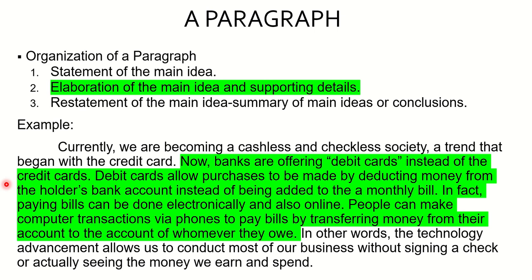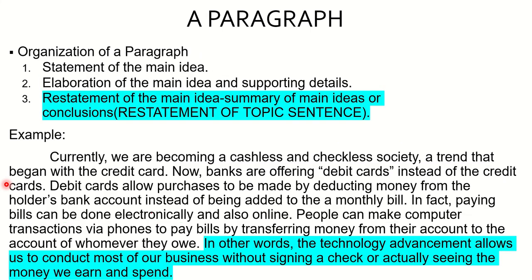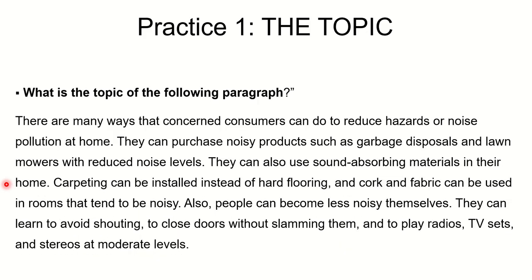We have one, two, three, four sentences as the elaboration. And last but not least is the restatement of your main idea, and this is the concluding sentence. Concluding sentence in a paragraph. It's not a concluding paragraph, it's a concluding sentence.